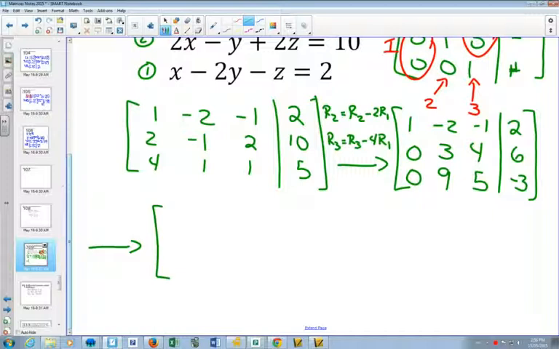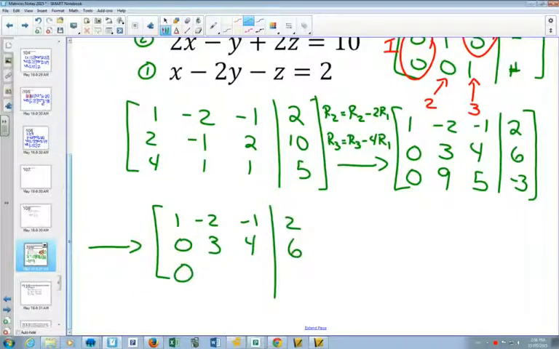My next goal is to keep rows 2 and 3 the same, but get this 0 here. So I'm going to take row 3 and make it equal to row 3 minus 3 row 2s.